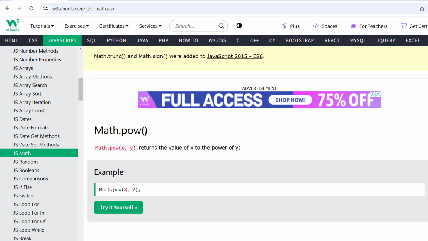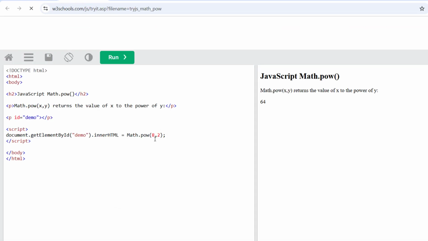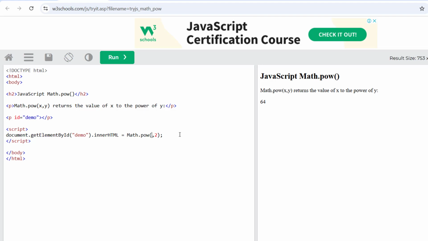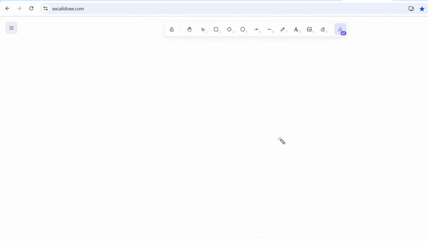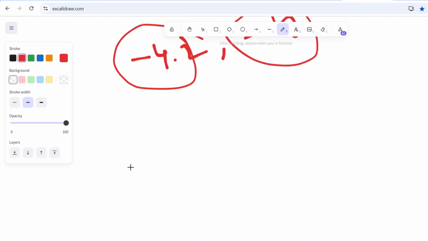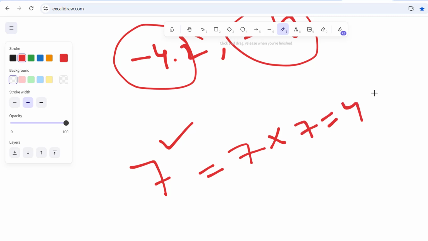Okay, Math.pow returns the value of x to the power of b. So it's 64. If it is 7, it is 49. How? 7 means 7 squared, or you can say 7 into 7, I mean 49.